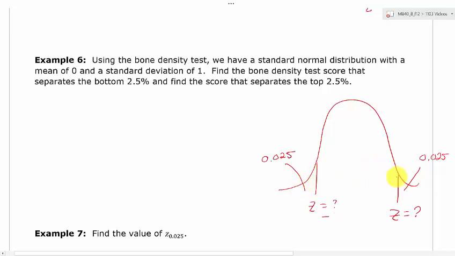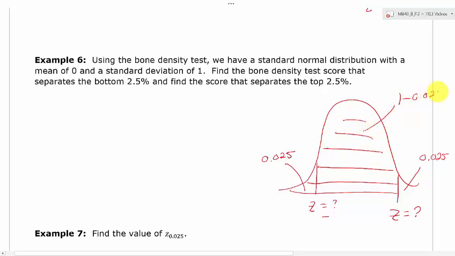So in order to calculate this area, that's going to be 1 minus 0.025, and that is 0.975. So for the bottom 2.5%, we want the probability that z is less than some number equals 0.025.